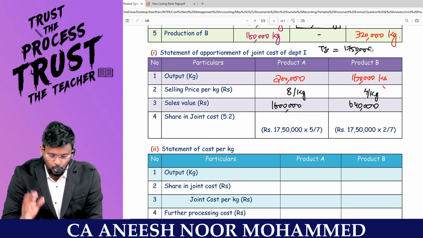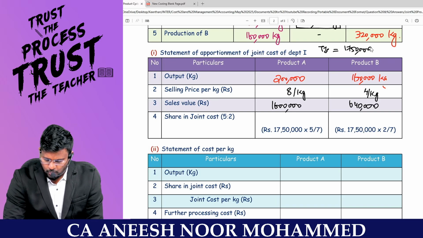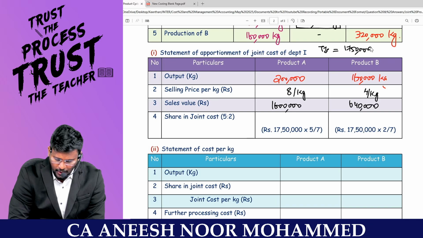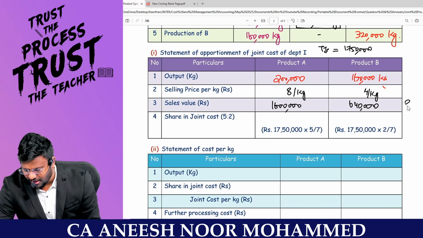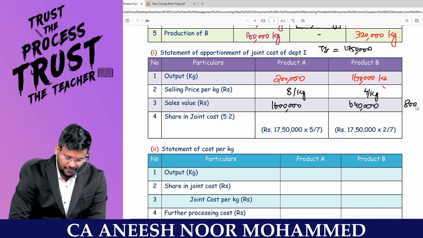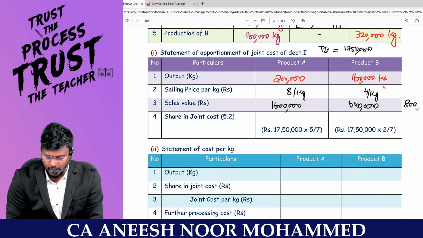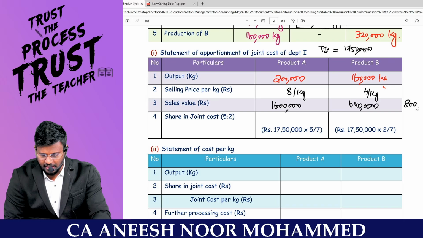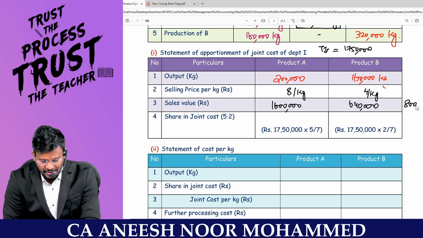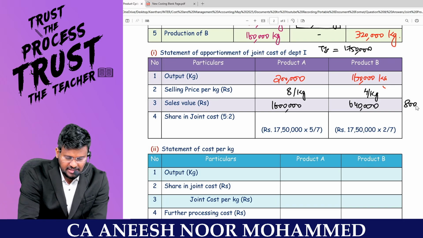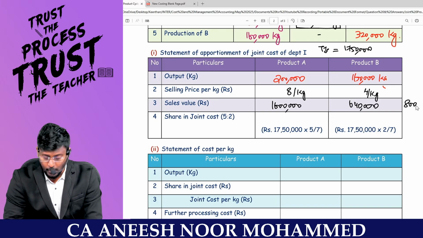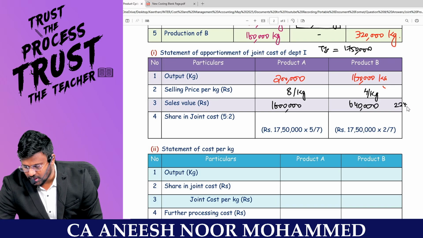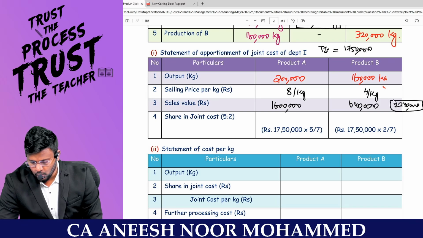So 17,50,000 into basically 160 divided by 160 plus 640. So basically 160 plus 640 comes to 800 in total. So 17,50,000 is the total joint cost into 160 divided by 800. Sir, 16 lakhs plus 6,40,000 comes to 22,40,000 total, not 800. 22,40,000 total, my dear lovable students.